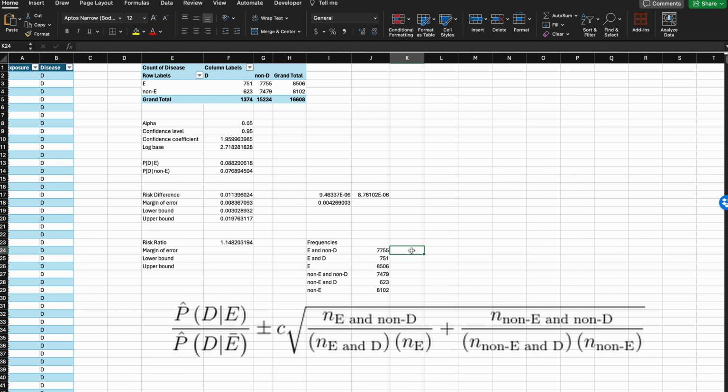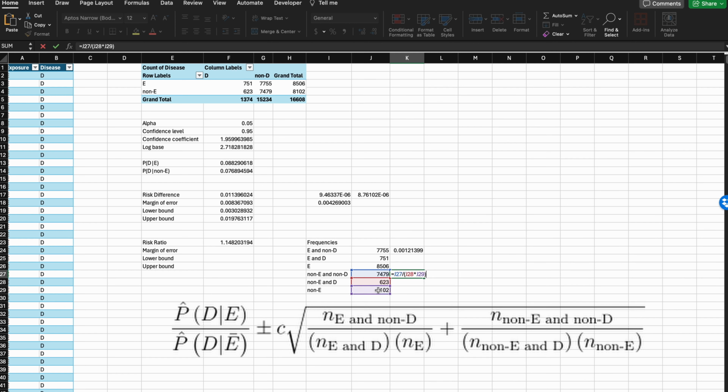Now I need to calculate a further two terms, and look how I do that. I'm going to say equal, that is the exposure and non-disease divided by, and then the product, so I'm going to put parentheses, the product of the exposure and disease times the number that were exposed. Close my parentheses, and I'm going to calculate the similar term down here that's going to equal the non-exposed and non-disease divided by, then the product, so I'm going to open parentheses, the non-exposed and disease times the non-exposed.